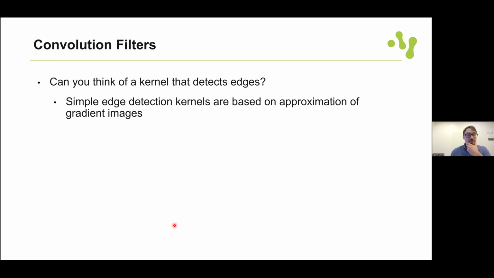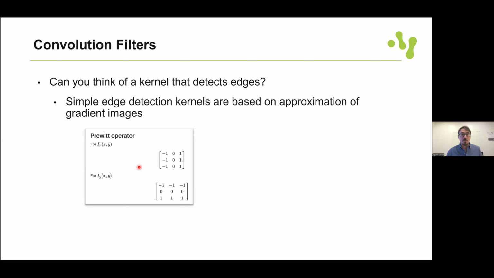Well, now that you know these couple of filters, you could think about different convolutional filters. You can try to think about some to detect edges. For example, in this case, we have the Prewitt operator, which has negative values here, 0 values in the middle, and then ones to the right, or you can do it horizontal.